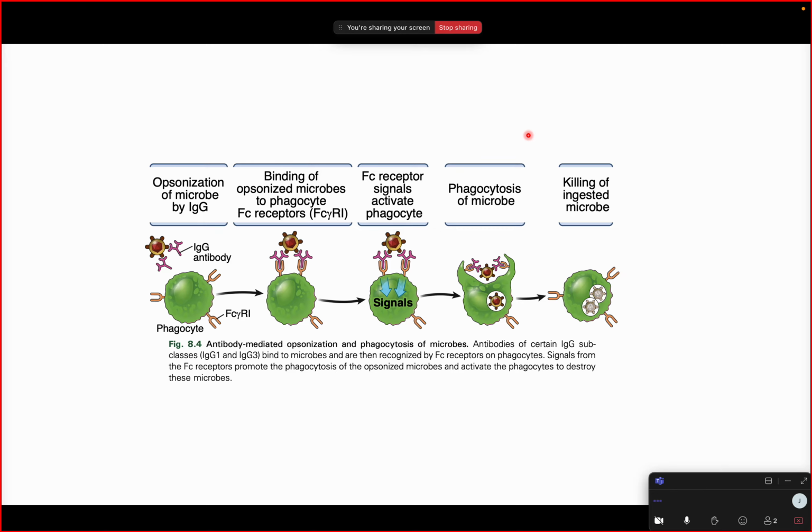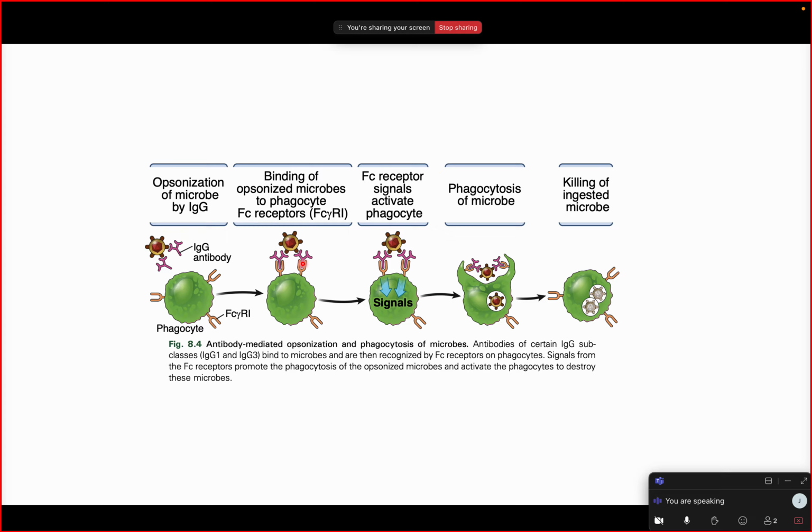Imagine this is a microbe, an IgG antibody is bound to it, and there is a phagocytic cell. The phagocytic cell can bind to these antibodies which are bound to the microbe, which was freely moving here and there.